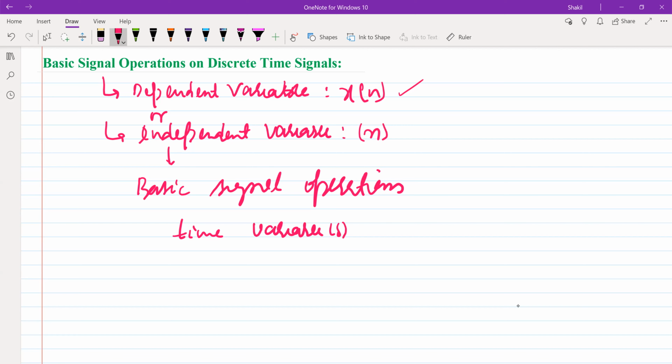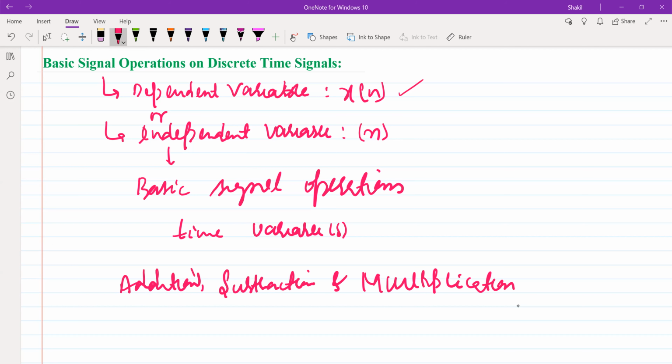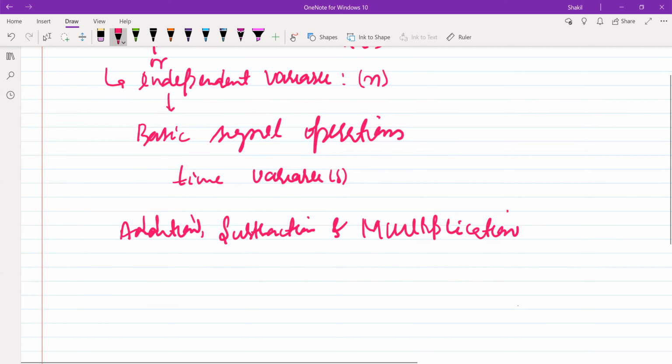This simply means instead of performing operations like addition, subtraction, and multiplication between signals, we perform operations on the independent variable.